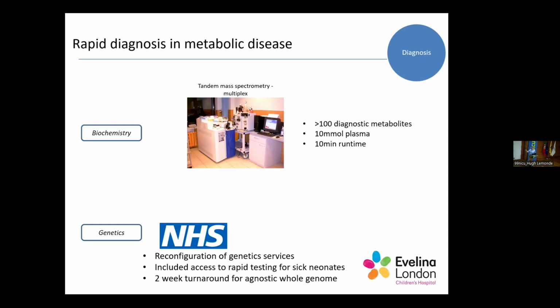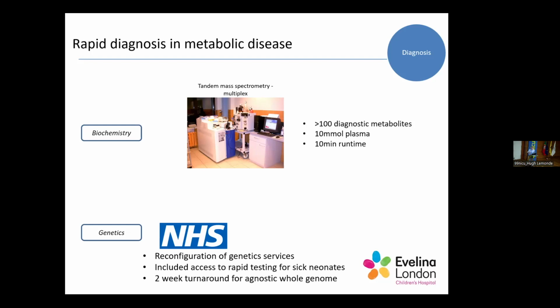The other thing is genetics, which has obviously changed massively. In the UK, the way we do genetic testing has been completely reconfigured in the last few years. Whole genome sequencing is available, but generally it takes 12 months plus to get a result back currently. Obviously not helpful in the acute setting in the neonatal unit. What we do have is access to a bespoke agnostic genome, which has a 2-week turnaround.